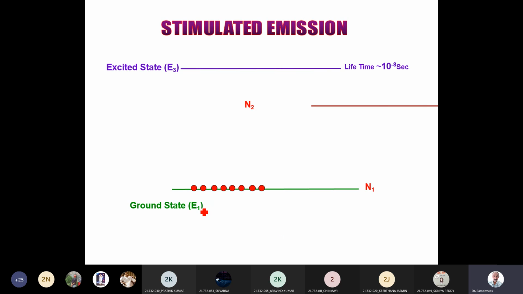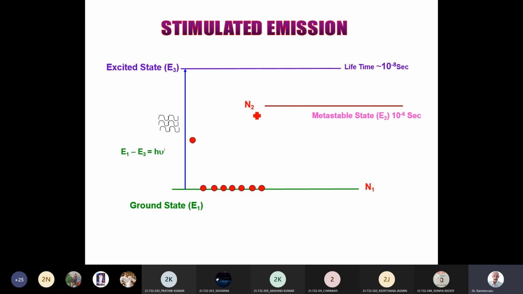Now we have level 1, the ground state, and another level somewhere here, N2. Suppose I give energy; they go quickly to the third level, E3, but its lifetime is very, very small. Therefore, they fall very quickly to N2. See how fast they are coming and falling.